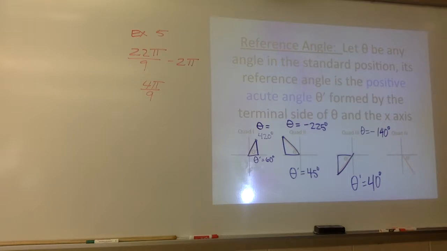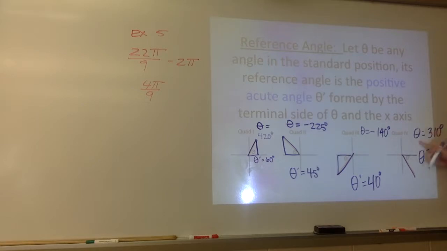And then we could do quadrant 4. Quadrant 4 could be like theta is equal to 310 degrees. What's theta prime going to be? 50 degrees. Yes? Makes sense? It's a visual operation.